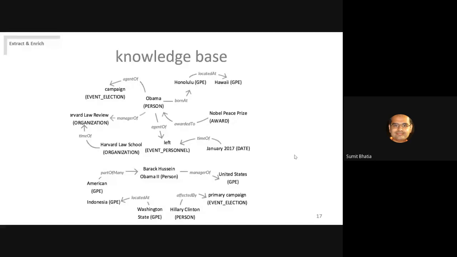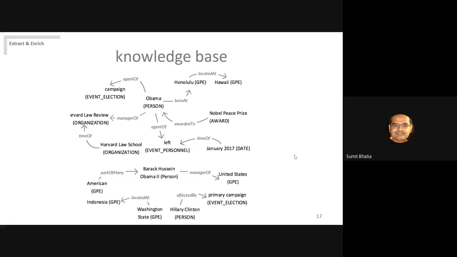So the output graph essentially consists of two separate graphs. There are two nodes, Barack Hussein Obama and Obama, corresponding to the same real world person, the same real world entity. Now this specific graph you can actually obtain from any modern named entity recognition system.